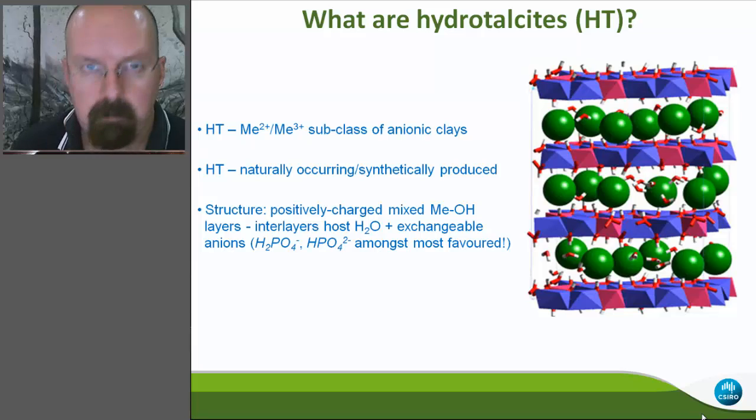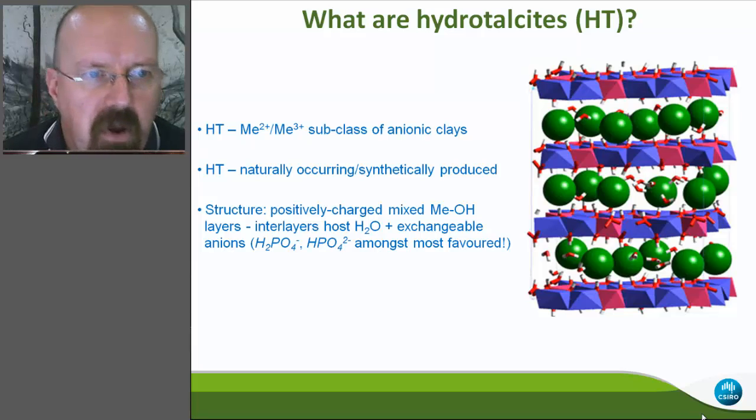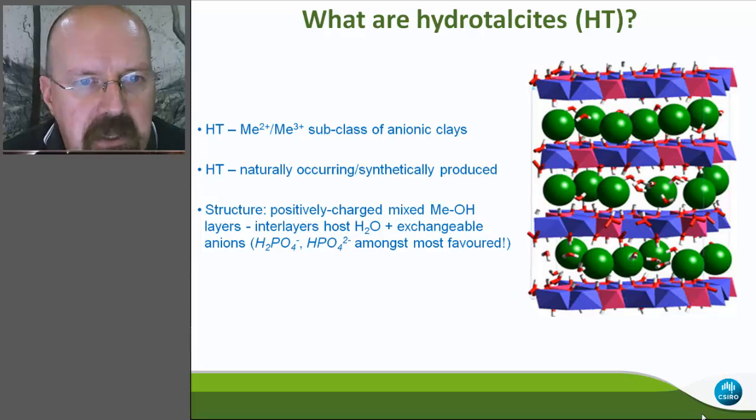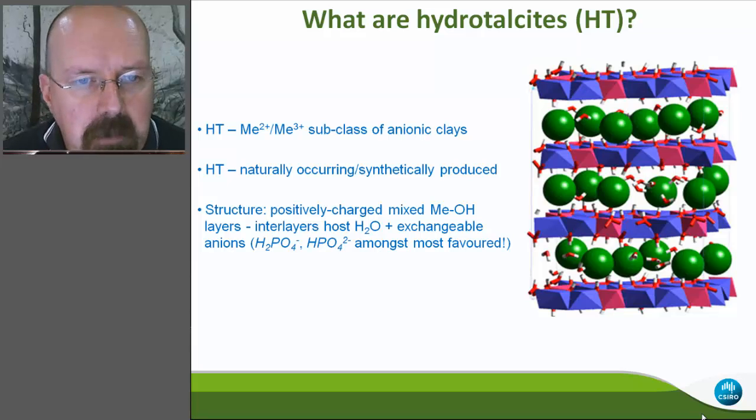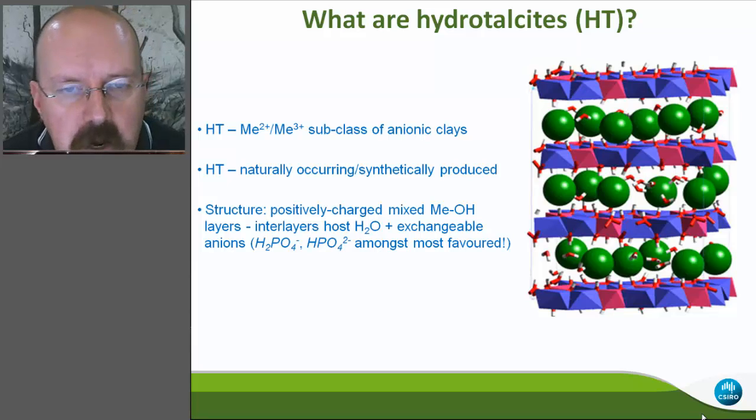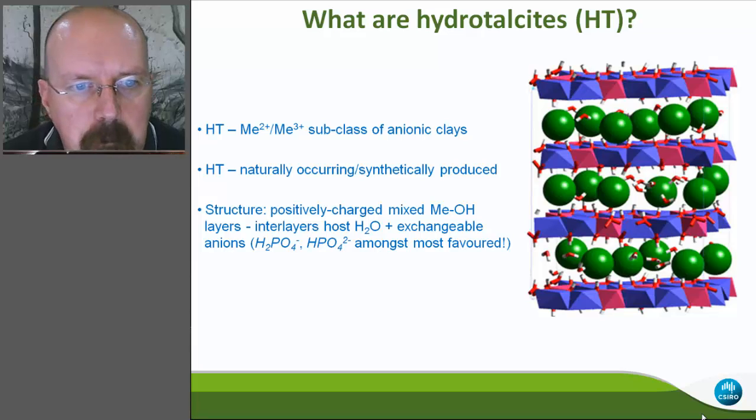So $64,000 question, what are hydrotalcites? Well, hydrotalcites are a 2+/3+ metal subclass of what's known as anionic clays. They occur both naturally, though generally in trace amounts in the environment, but importantly, it's reasonably easy to synthetically produce them.